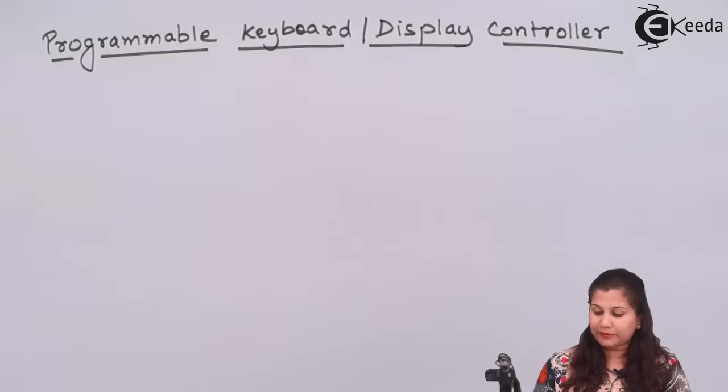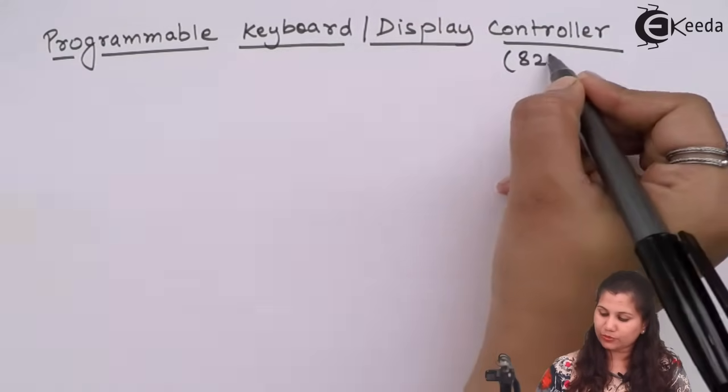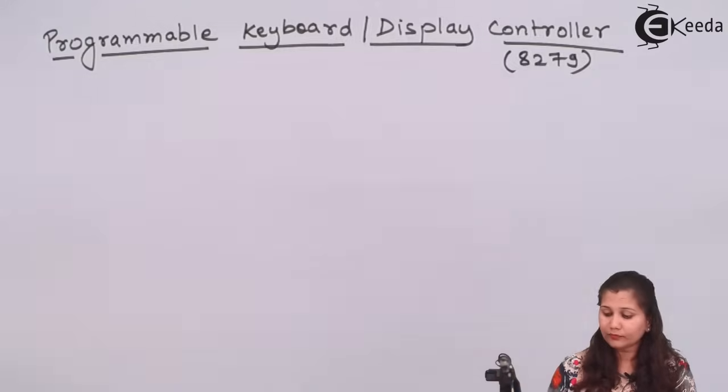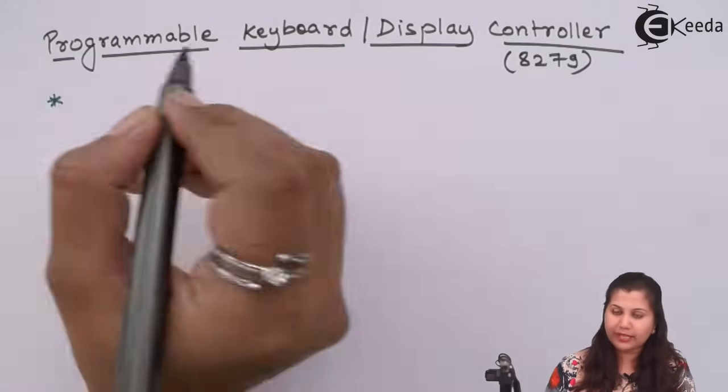This programmable keyboard display controller's IC name is 8279. It is used to interface the keyboard and the display devices with the central processing unit or the microprocessor based systems.